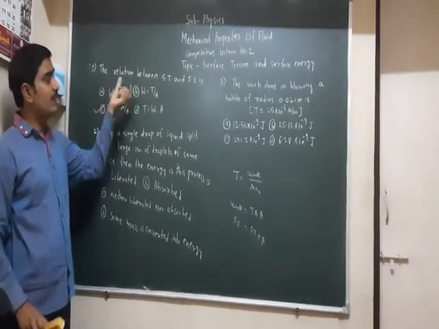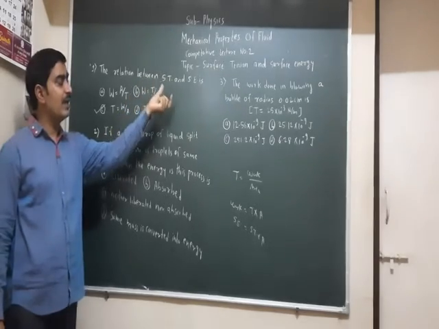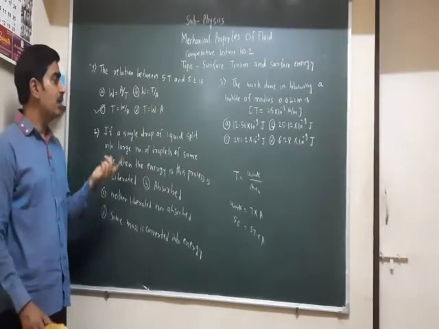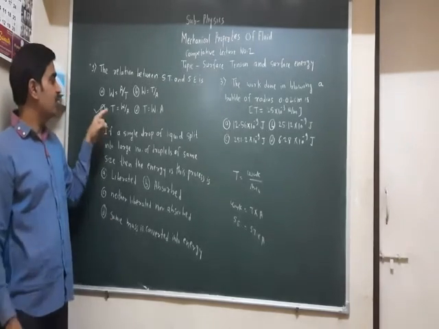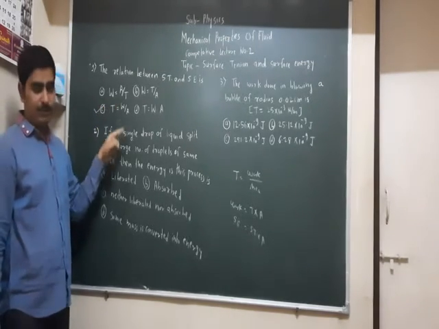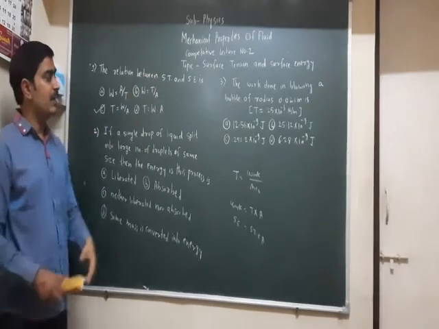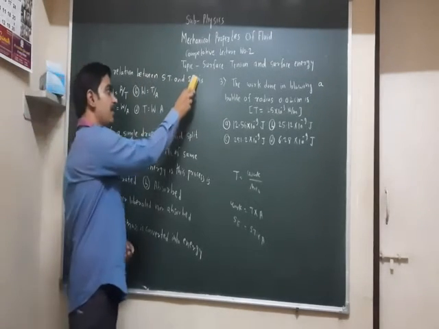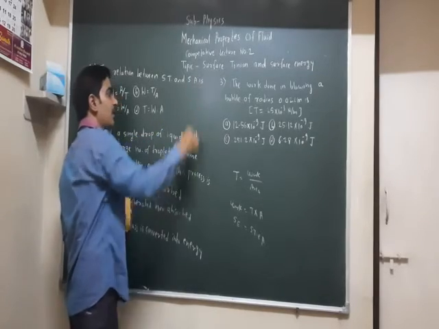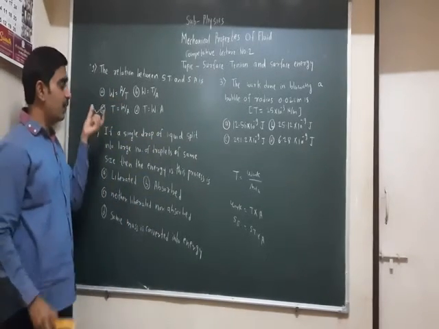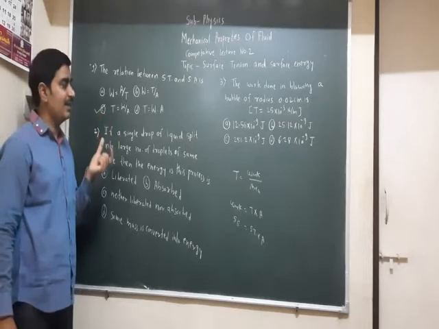Here the relation between the surface tension and the surface energy is there. And if it is in terms of the surface area, then also we can write T is equal to W by A. So it will be in terms of the SE, surface energy, or in terms of SA, surface area. So we have to choose option number C, that is the correct answer.